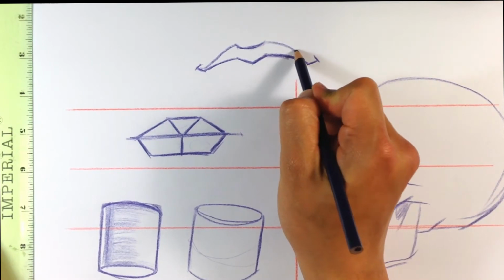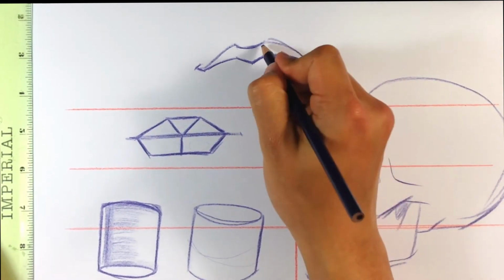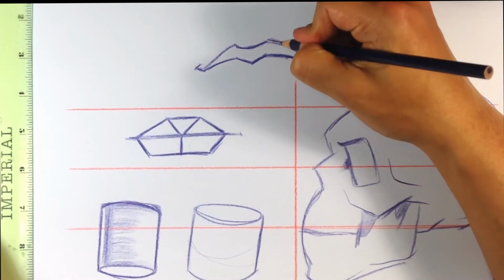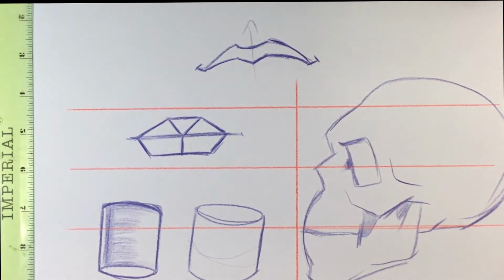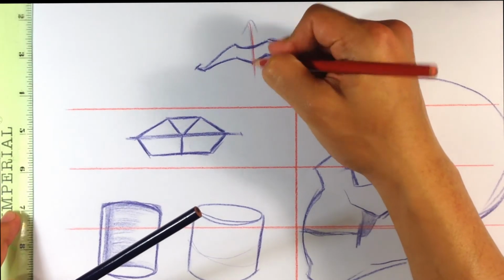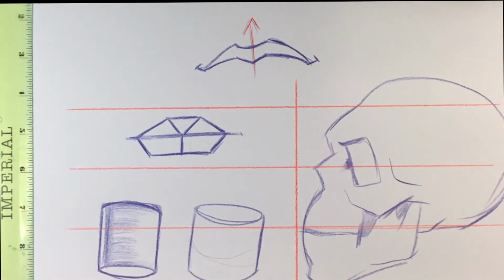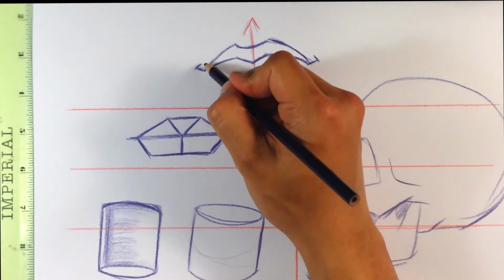The upper lip looks like a Cupid's bow. See how it looks like that? Like you fire an arrow through it.